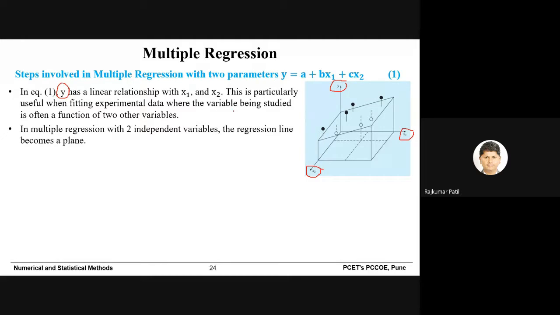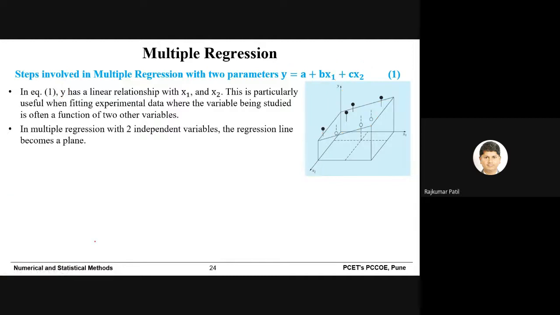And when you plot the points y and corresponding x1 and x2, then it will become a plane, not a straight line. So you can see a square or a rectangle here highlighted by a red color. So ultimately you are plotting the points in a plane. So here, in case of multiple regression, instead of a straight line, you will get a plane.